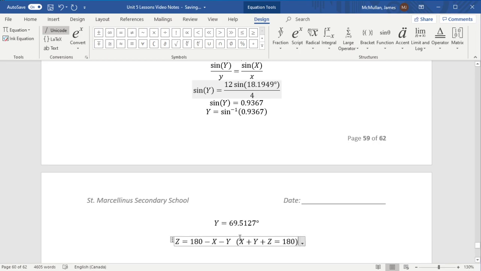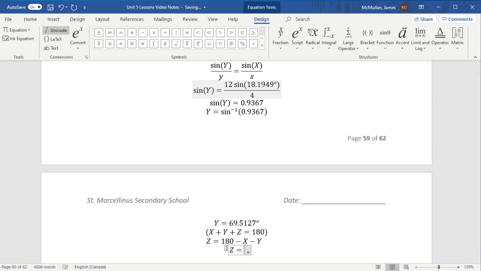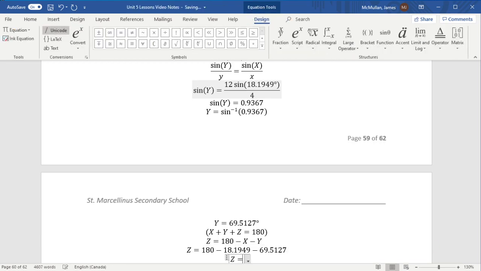I mean, we know that because it's a triangle. Okay, so we would find z by doing 180 minus 18.19 and then minus 69.5127.